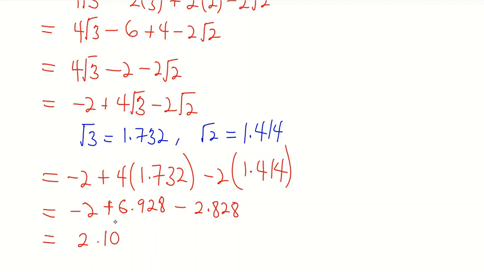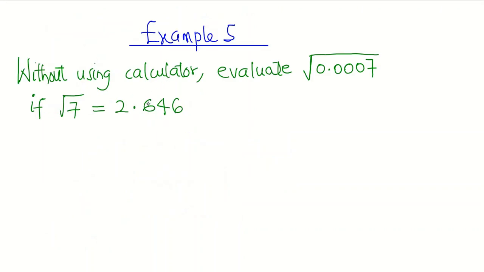Now we move to the next set of examples, and this example becomes our last but one example. So it says that without using a calculator, evaluate square root of 0.007 if square root of 7 is equal to 2.646. So we are interested in evaluating 0.007.